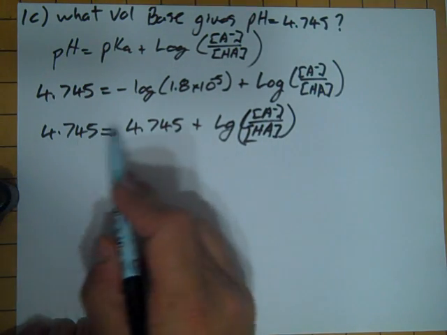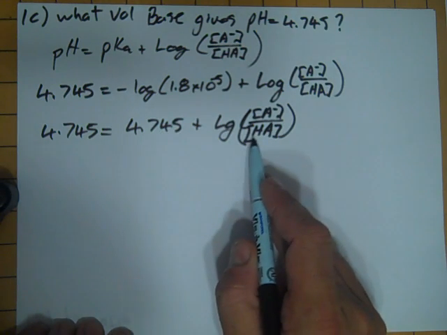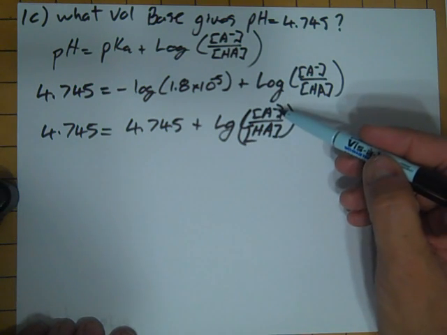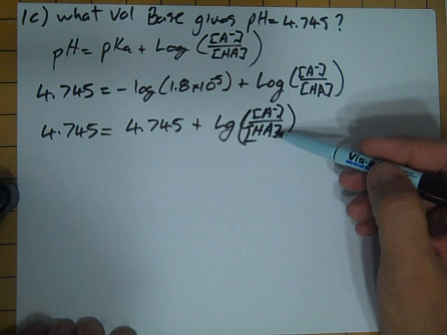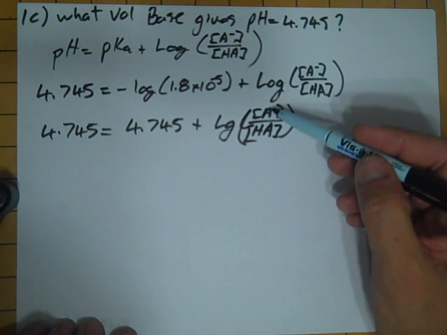Clearly, these are the same. pH equals pKa, which means this has to be 0. The only way this is 0 is if this concentration of A over the concentration of HA is 1. So that means they have to be the same. That's what we said happened when we are halfway to pKa.